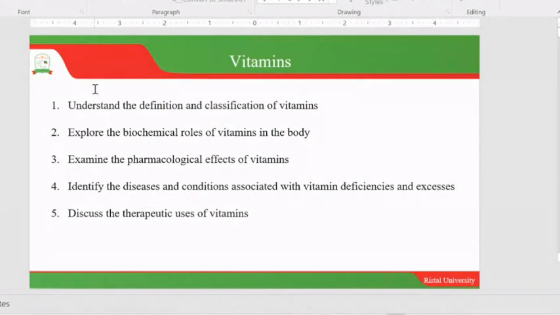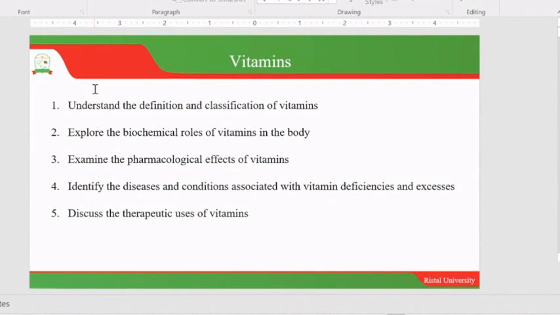Right. So today we are going to engage deeper into looking at how also other vitamins play vital roles in our pharmacology. So by the end of this engagement, I want you to be able to understand the definition and the classification of the different vitamins. And this I know you have been covering through your science classes that you have been undertaking.